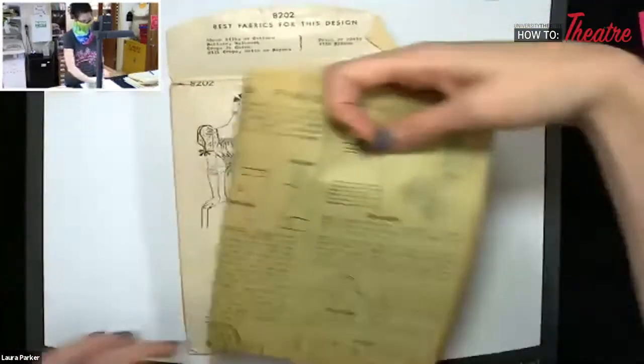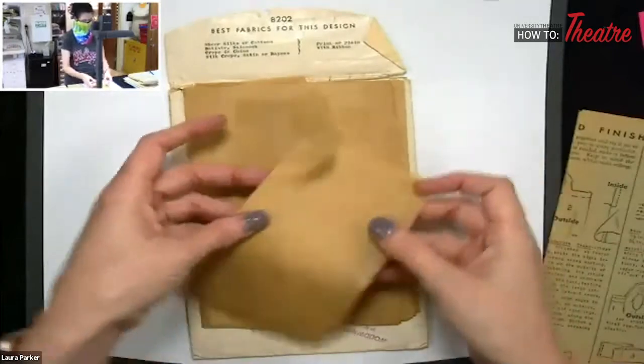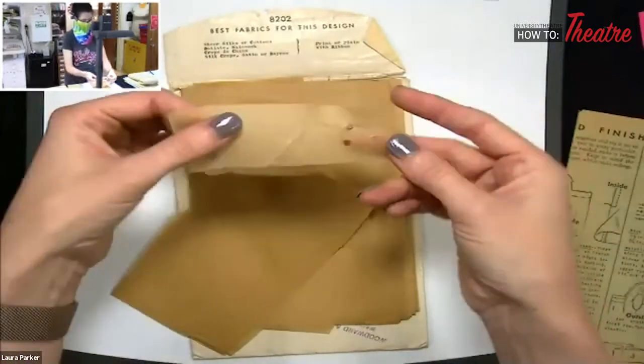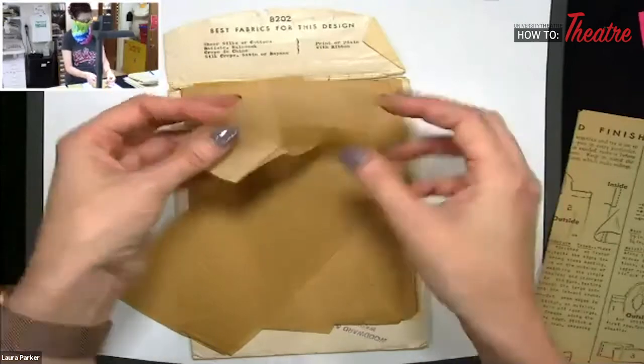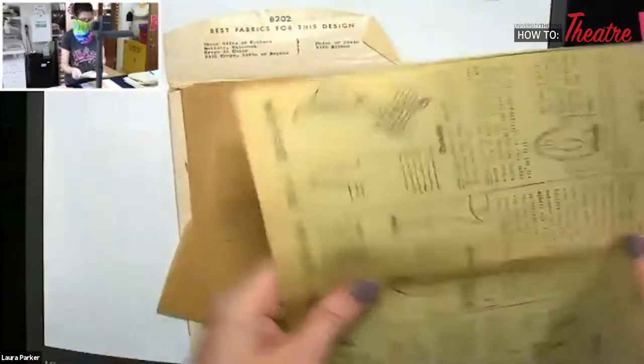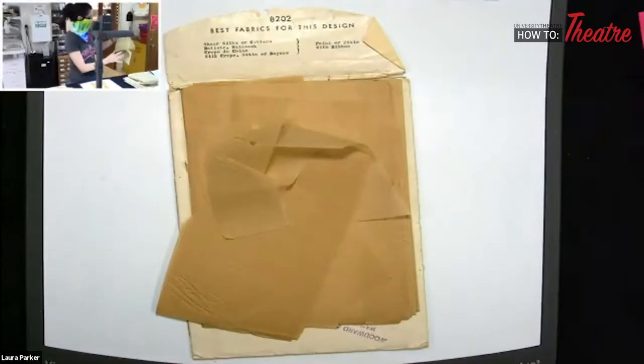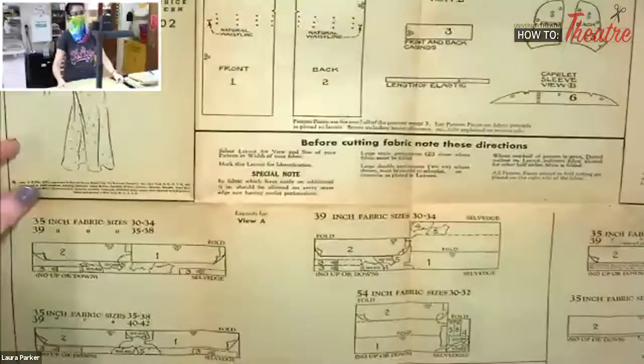But as we start to get into the 1930s, we still have our perforated pattern pieces. So you can see we've got our little perforations right there. But we're starting to get into the era that's going to give us a little more information here. This is starting to look more like a modern pattern sheet.